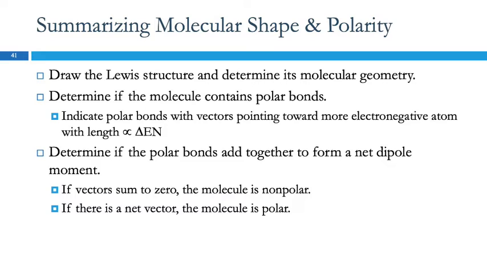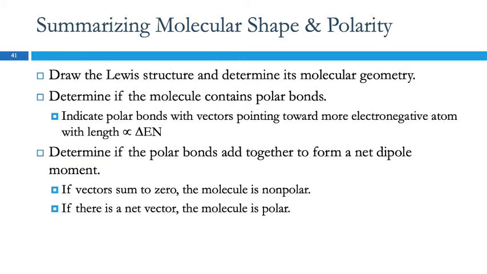So with determining polarity, you've got to draw the Lewis structure and figure out the molecular geometry. And then this is the official, more scientific way. I'll show you an easier method. See if the molecule has polar bonds.